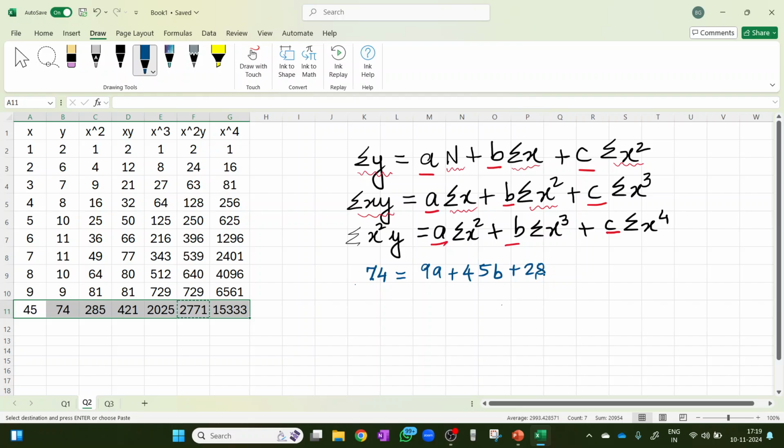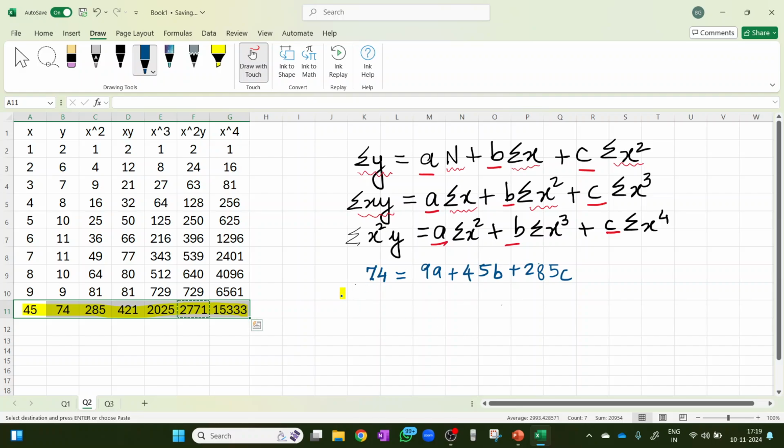I'm just putting values from the table into this. Okay. So that's all I'm doing here. These are the values which I'm substituting. Okay. I hope that's clear.